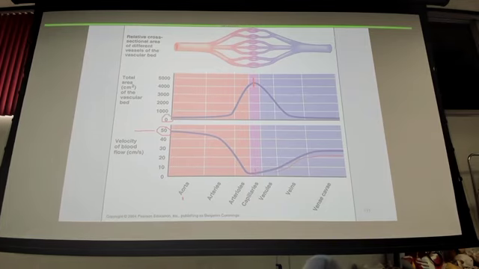When we get to the vena cava, it's about the same as the smaller arteries, like our distributing arteries. It has to do probably just with the lack of flow.